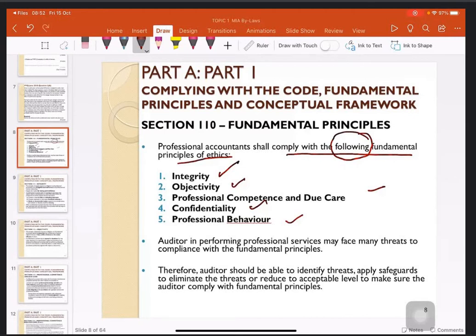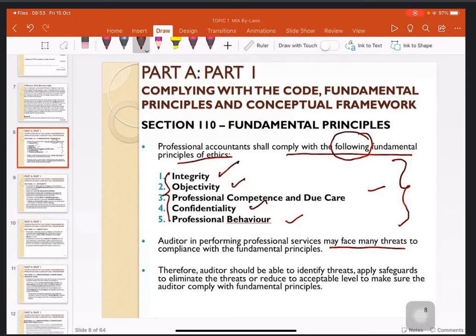Okay, tetapi in our daily life, auditor in performing professional service may face many threats. Okay, sometimes ada factors yang menyebabkan you not be able to follow the fundamental principle. Faham ya kelas ya? Mula-mula sekali dia punya key point adalah as the auditor, we need to follow this fundamental principle yang 5 items ni lah.